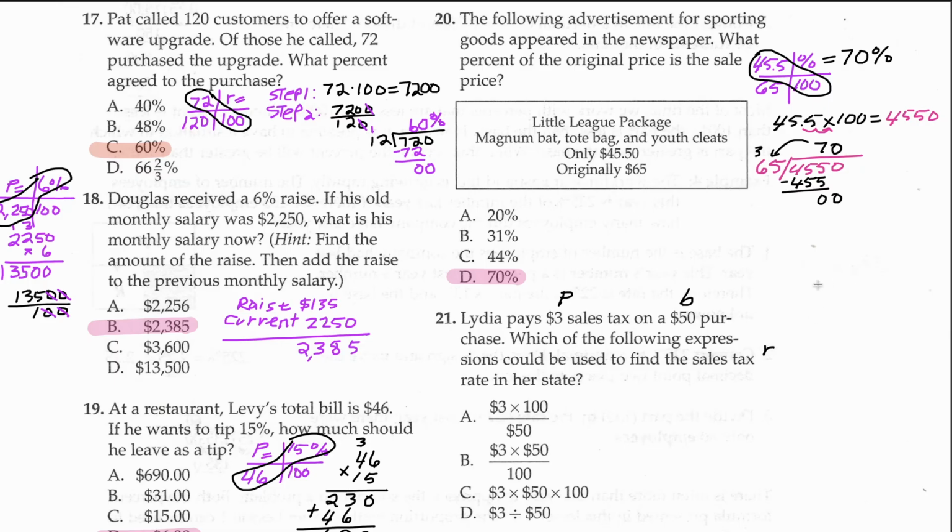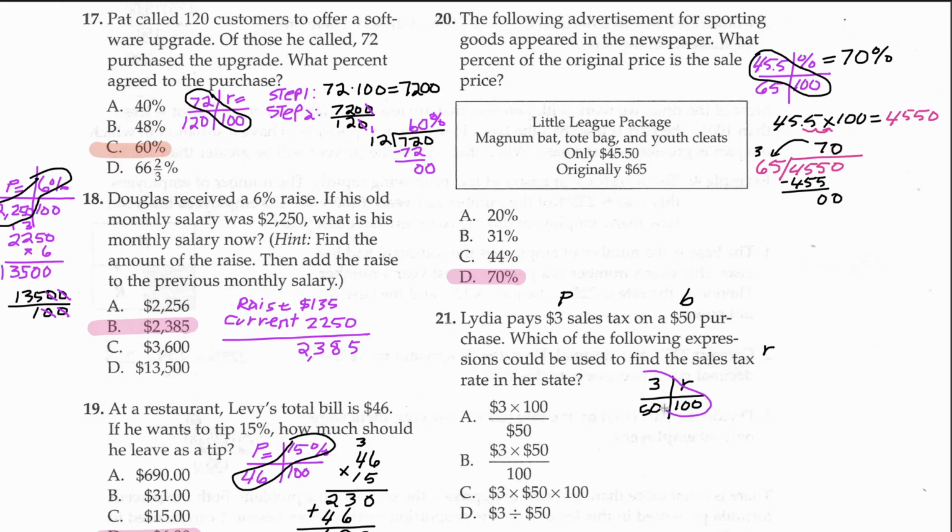So that is looking for the rate. So in that case, we can put it in big plus, 100 goes here. Okay, we don't know the rate, but we do know the $3 is the part, and the base is $50. So we don't have to solve for the answer, but we just want to set up the problem.